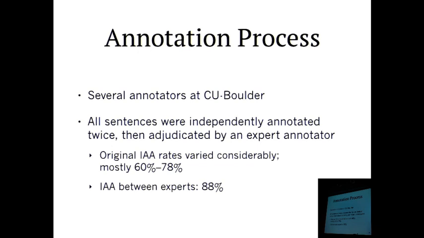It varied a lot depending on the pair of annotators, but in the 60 to 70s range. Then we had an expert go through and correct every instance of a disagreement between the original annotators. The inter-annotator agreement between the experts is pretty good, something like 88%. This is still a very challenging annotation task, but we feel like there is more signal than there is noise, let's say.